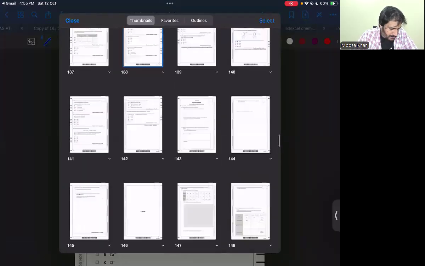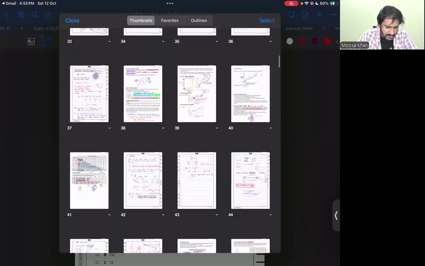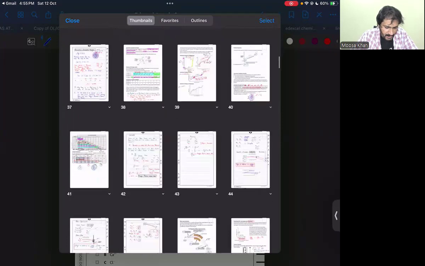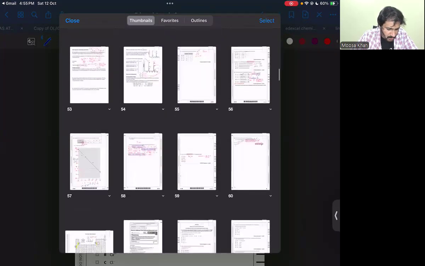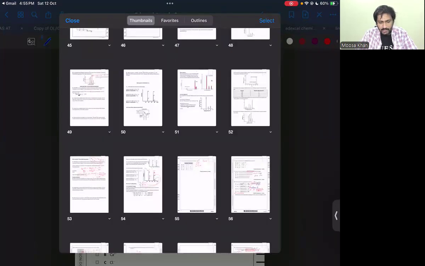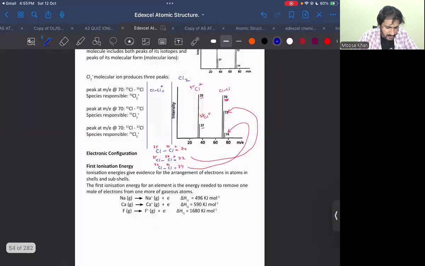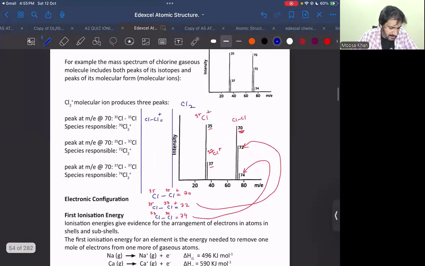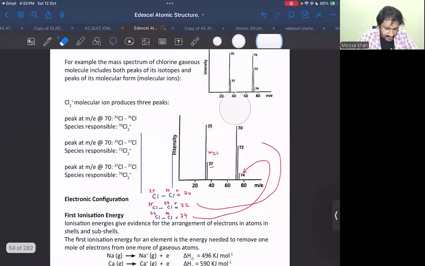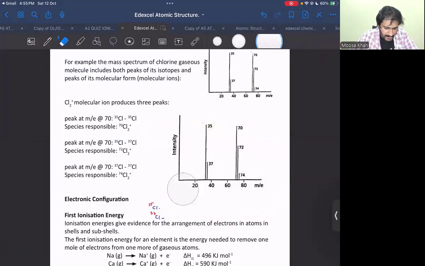Okay. Coming back towards the concept of mass spectrometer. Yesterday, we just studied how any element, if entered into a mass spectrometer, would give you a mass spectrum. But let's say if you are entering a chlorine molecule, let me show you the real mass spectrum of a chlorine molecule. It has different peaks.